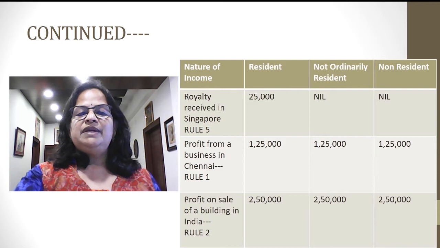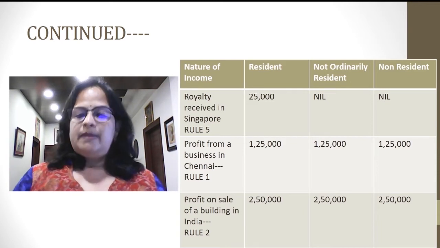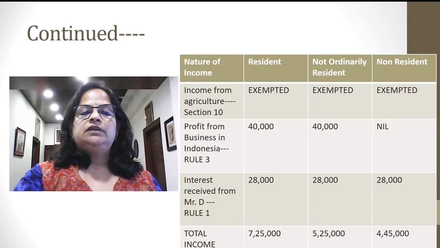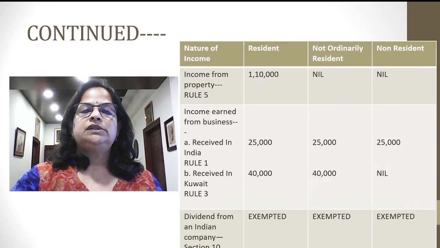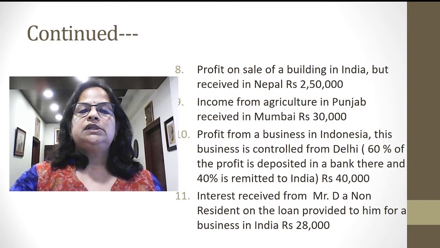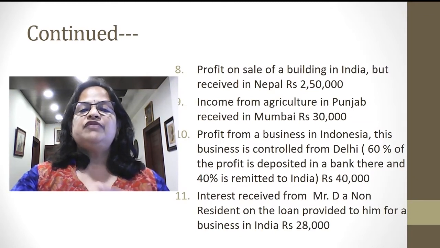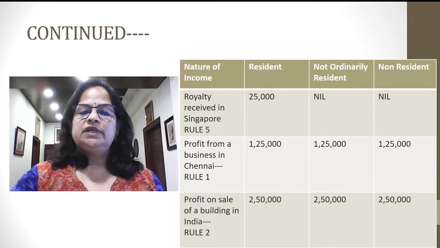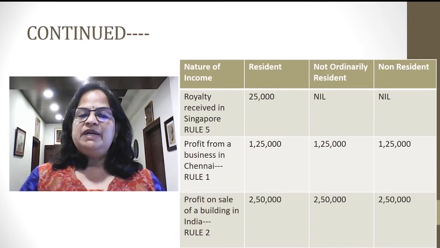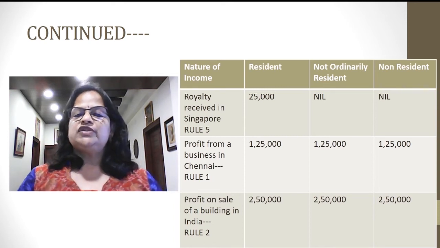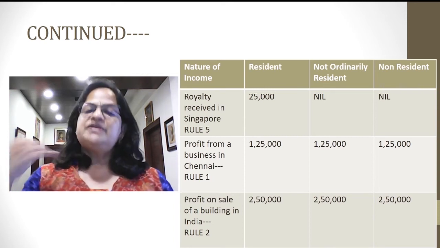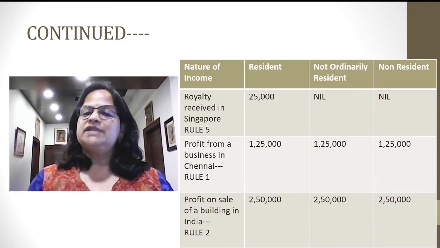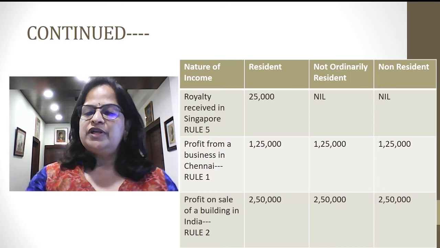Profit on sale of building in India but received in Nepal 2,50,000. So here profit on sale of a building in India 2,50,000. It's Indian income but received in a foreign country. Rule number 2 will be applicable, taxable in all cases. Indian income but received in a foreign country.